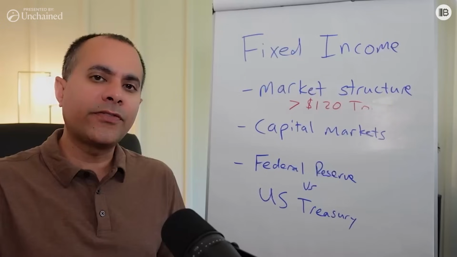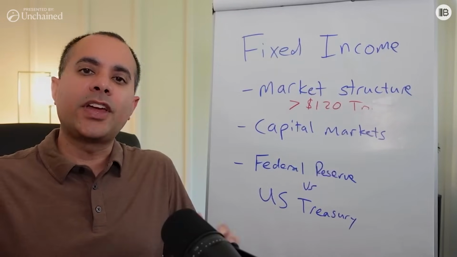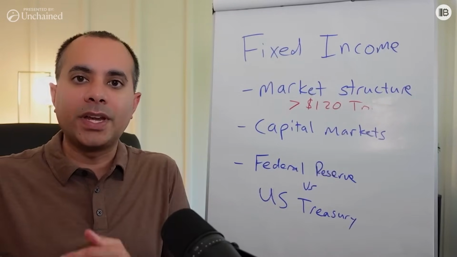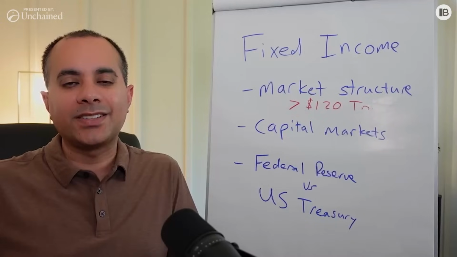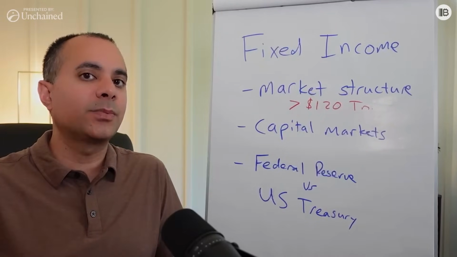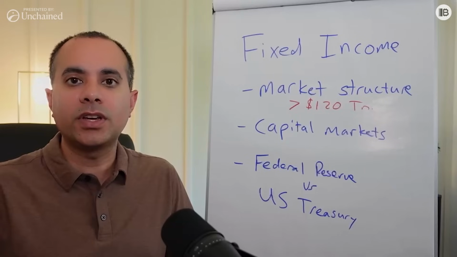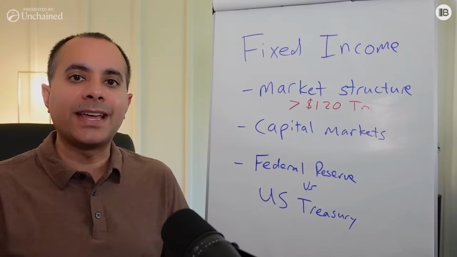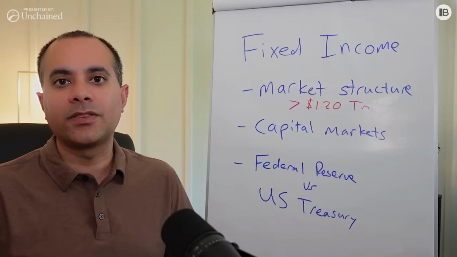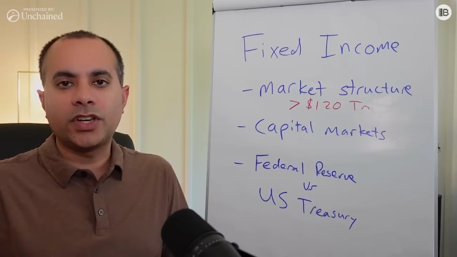Now, what are fixed income securities? They are simply loans that have been classified as securities. A security is simply a legal construct. It is a result of regulation, such as the SEC Acts of 1940, the Securities Act.